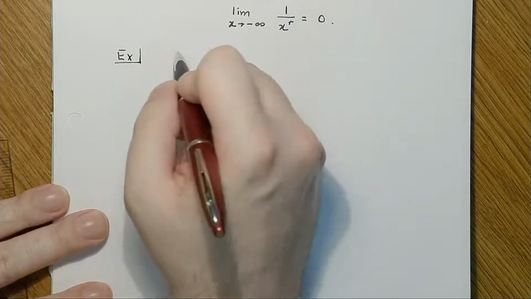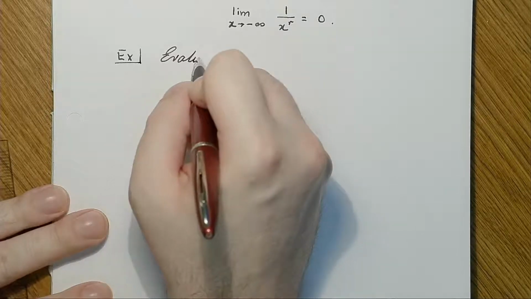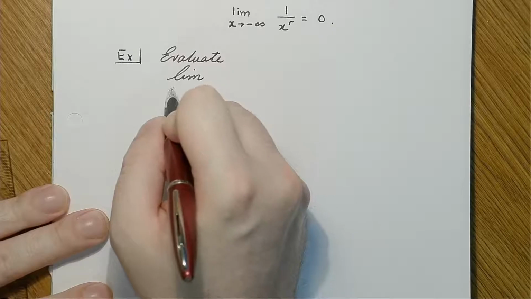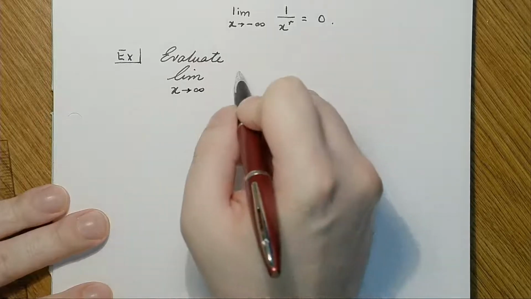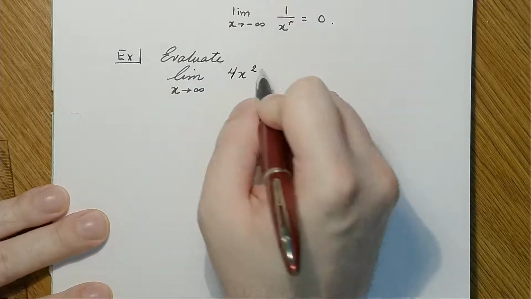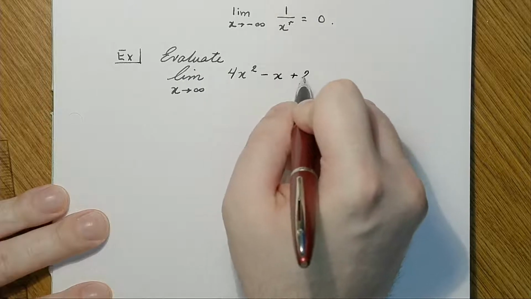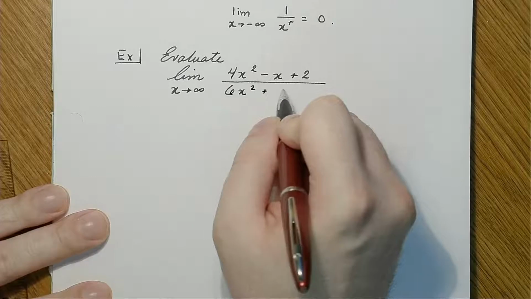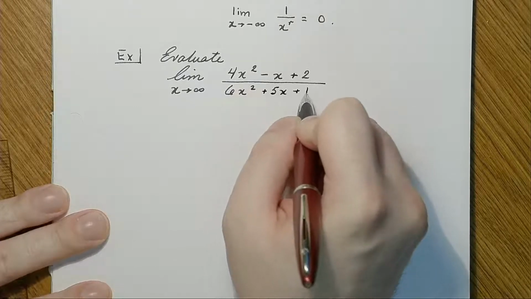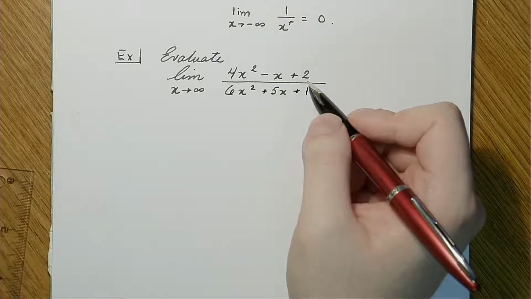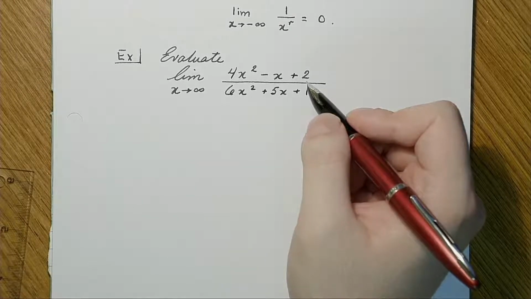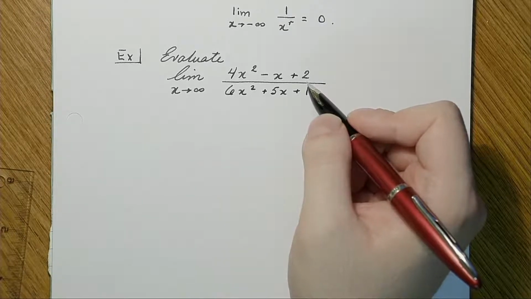So here's our example. We're going to ask to evaluate the limit as x goes to infinity of 4x squared minus x plus 2 all over 6x squared plus 5x plus 1. So the idea here is, first, we're going to divide the numerator and the denominator by the highest power of x.